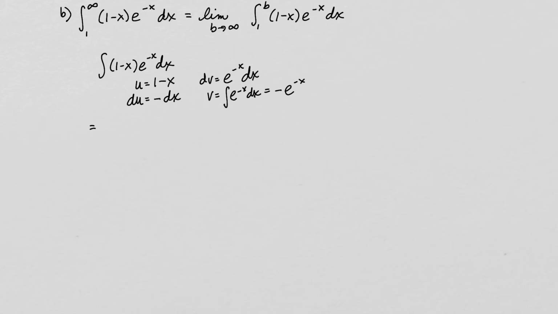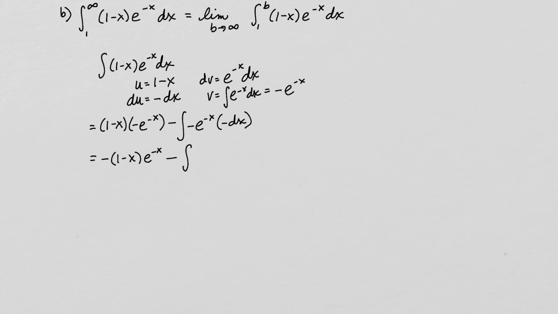And so this is going to become uv, right? So (1 minus x) times minus e to the minus x, minus the integral of v du, so minus e to the minus x times minus dx. If I make this a little nicer, I really have minus (1 minus x) e to the minus x minus the integral.